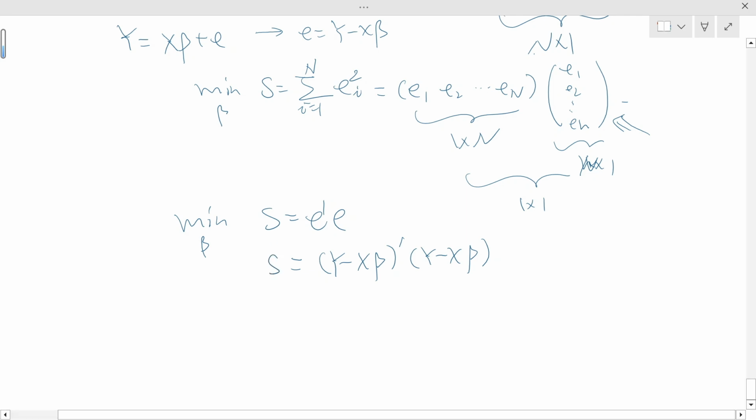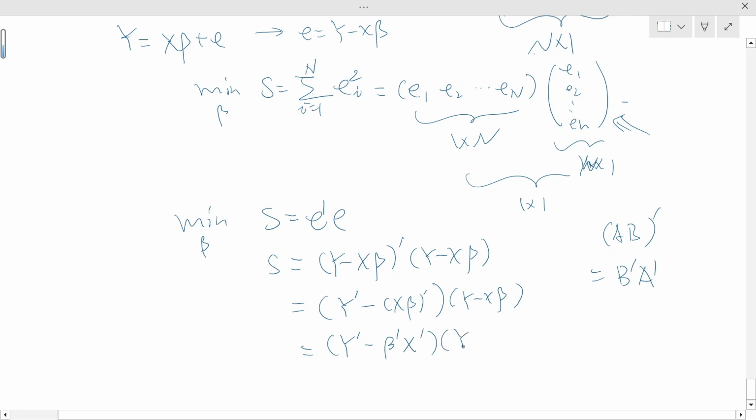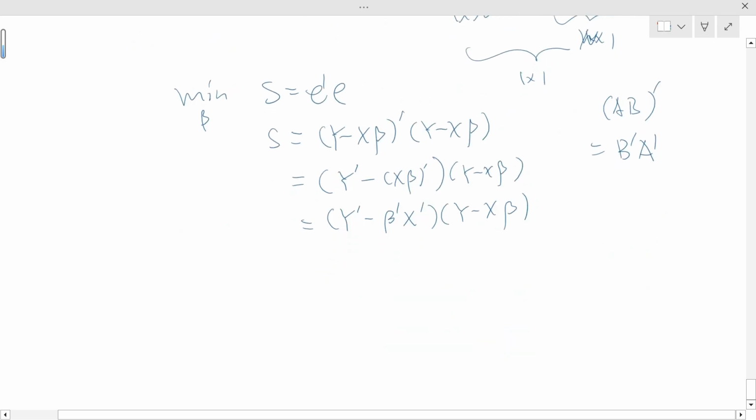Okay, so let's put the transpose inside: (y prime minus (X beta) prime) times (y minus X beta). When we transpose the multiplication of two matrices, we get B prime times A prime. That's the rule of matrix operations. So we get y prime minus beta prime X prime, times y minus X beta. Let's expand this.